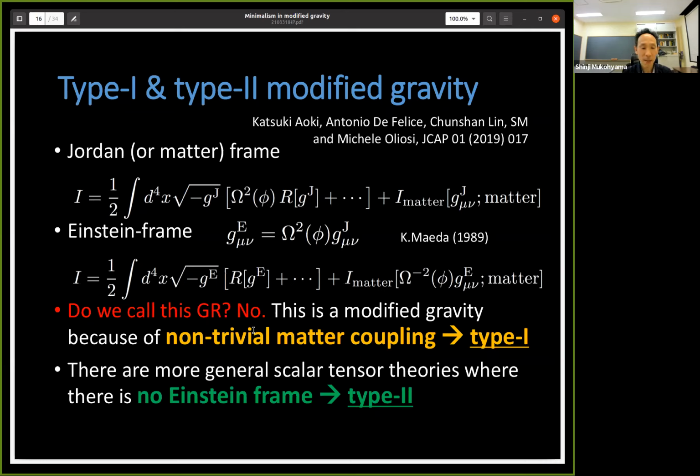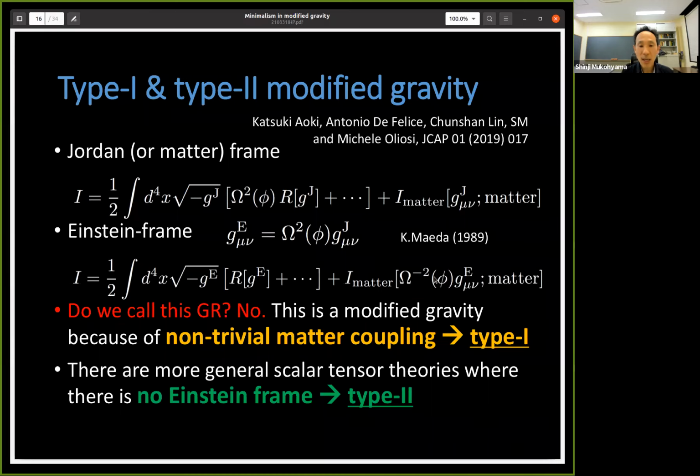Actually, no. Because in this case, the matter action is a bit complicated. Previously, the matter action was written in terms of the metric only. But here, because of the new definition of the metric, the matter couples to this combination of metric and scalar field.